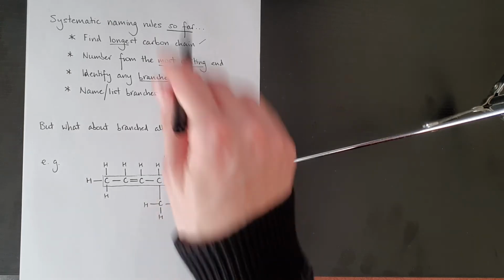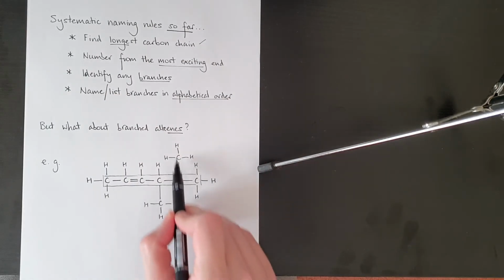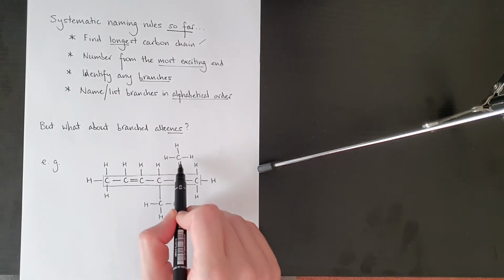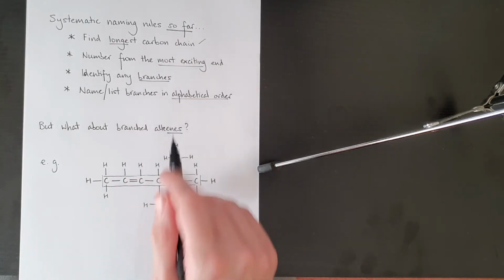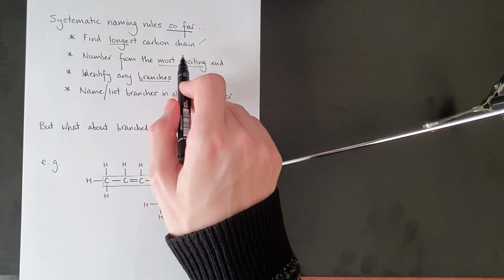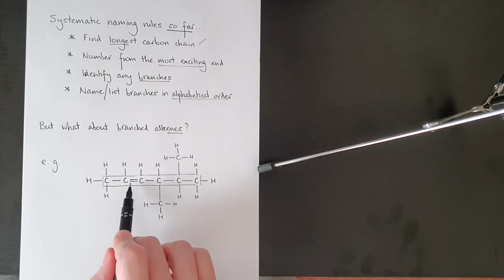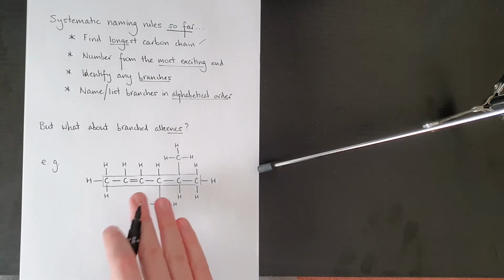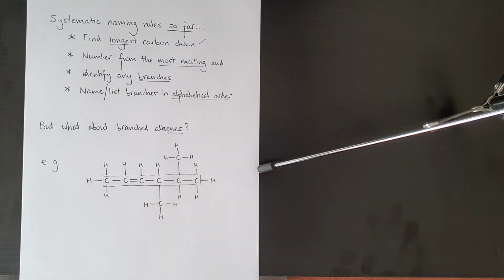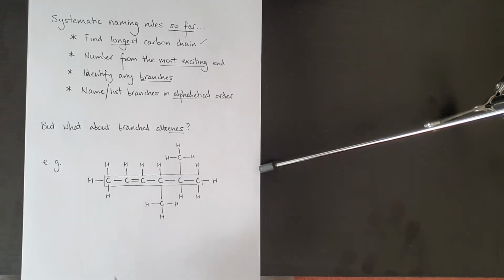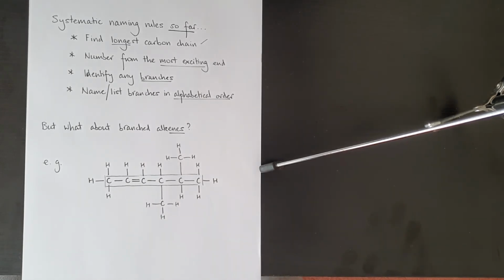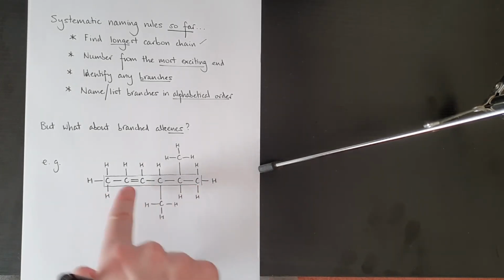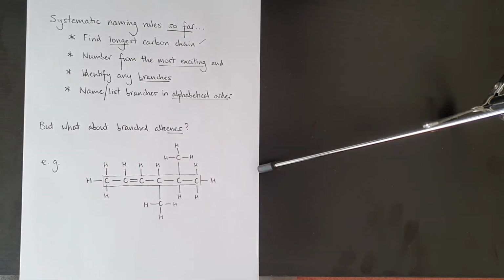Even if there is a longer chain elsewhere, so say for example this chain here that has 4 carbons, if that went on and on and on and extended that way to more than 6, maybe it was 7 or 8, I still couldn't use that one because it doesn't feature this double bond. So the point I'm trying to make here is if there's a double bond, it becomes the most important thing in that compound because it makes it the alkene. Without that double bond, it's not an alkene. So include it in the longest chain and make it the most exciting thing in the compound.